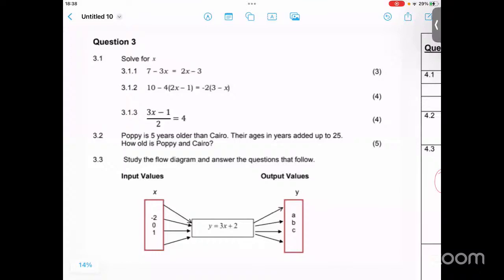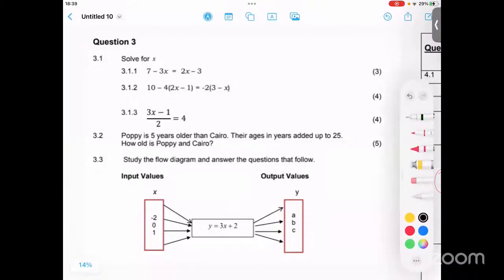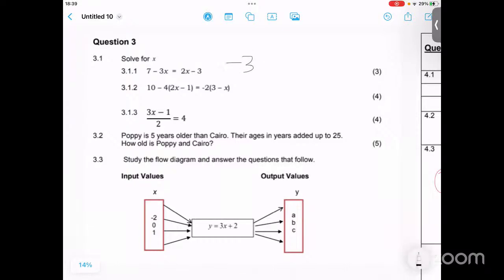Ma'am, we're going to take 2x, cross it over the equal sign, then it will become negative 2x, and then 7 is going to cross the equal sign and become -7. So, ma'am, sorry, it's going to be -3x minus 2x is equal to -3 minus 7.